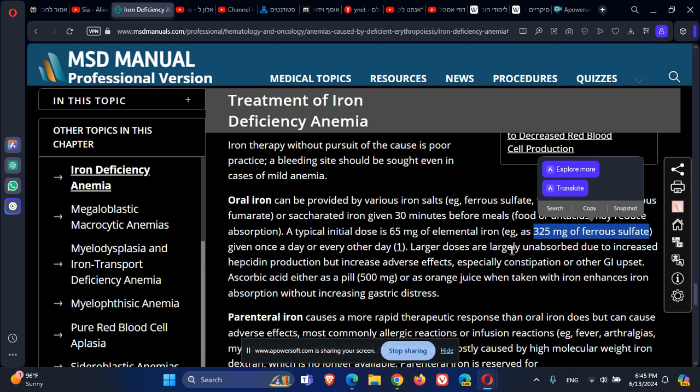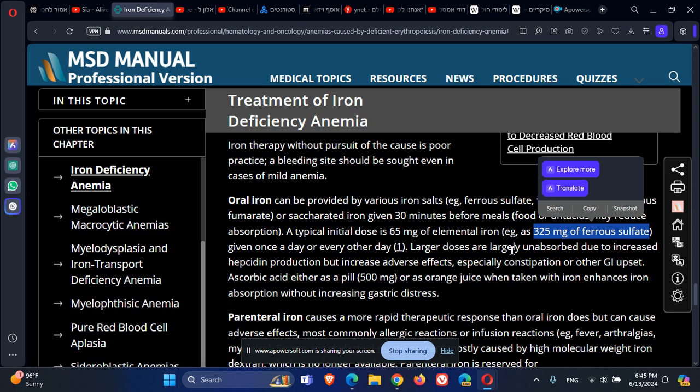You need to note that too much iron at a time can cause side effects, which usually are constipation and GI symptoms. But giving too much iron won't help. I mean, if I give someone 65 milligrams of iron, but then I give him, I don't know, 300 milligrams of iron, it's not sure that he will benefit from it.